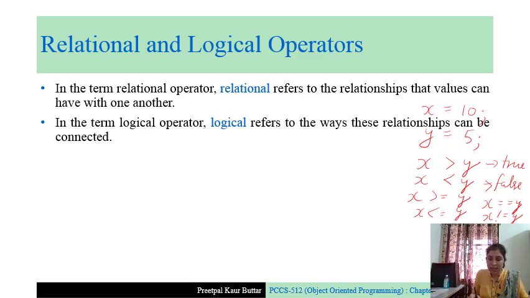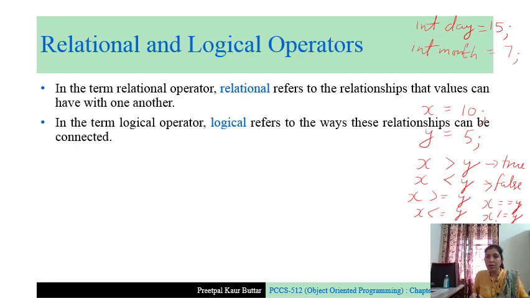some variables such as int day equal to, suppose, 15 and int month equal to 7.